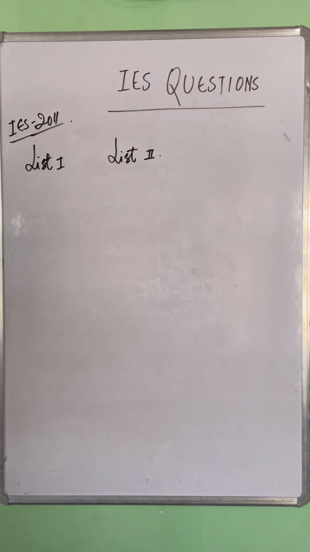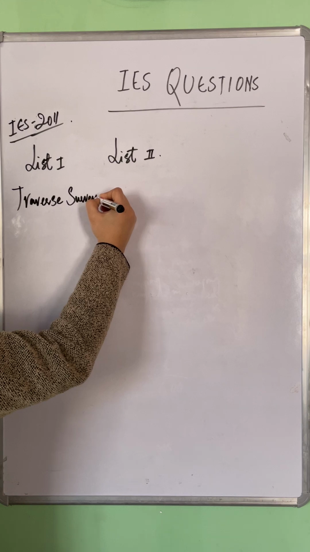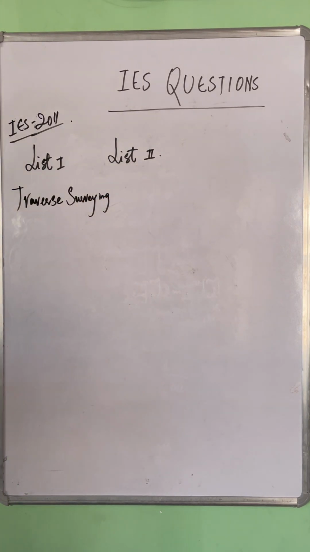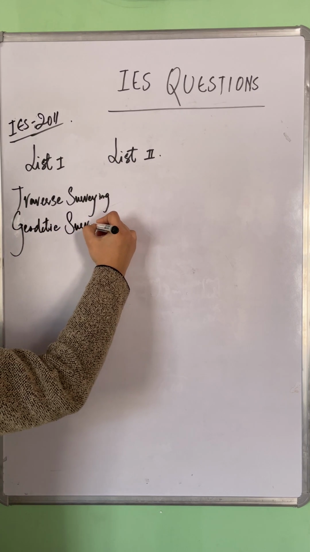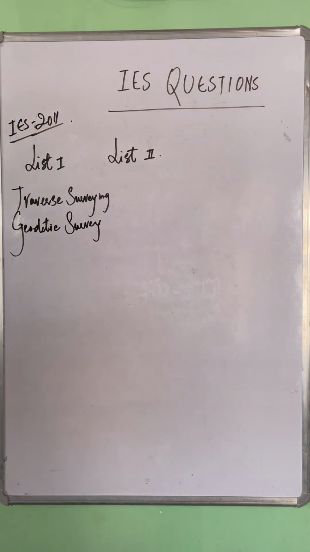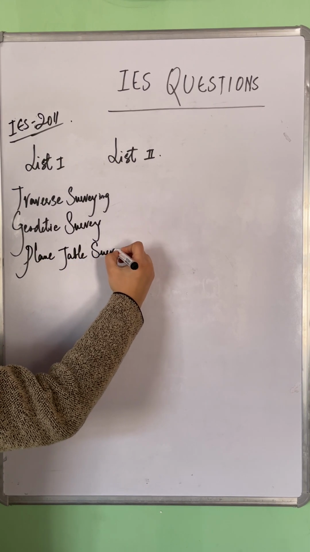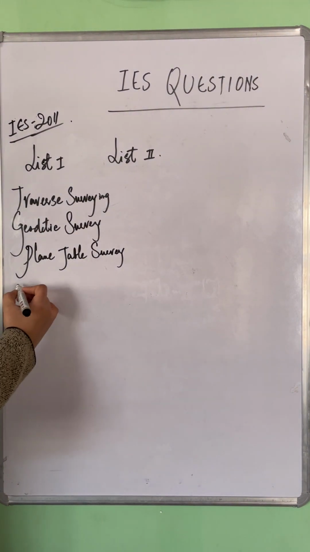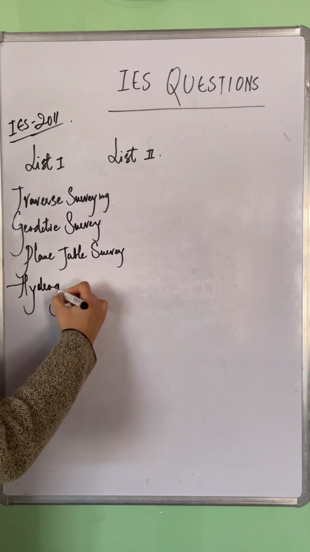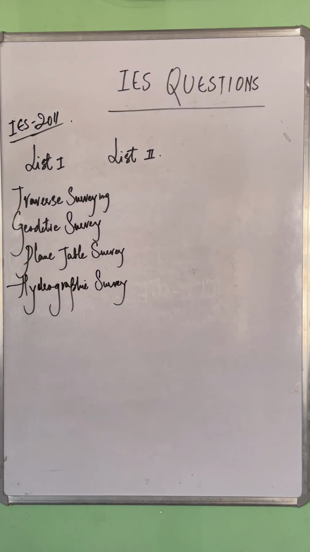All right, so we have traverse surveying, geodetic surveying, plane table survey, and the fourth one is hydrographic survey.